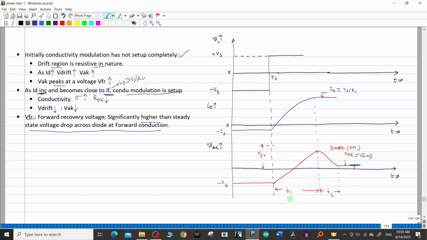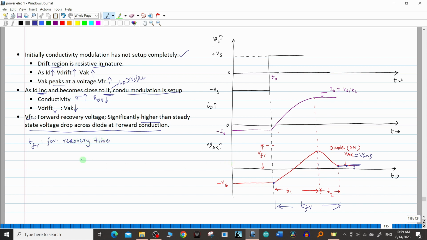You can mark two times here. The total time from the recovery stage to the steady state stage is called TFR, the forward recovery time.